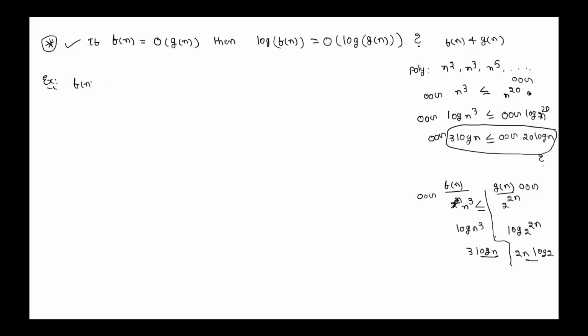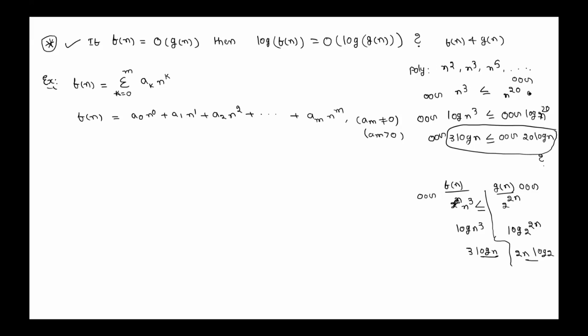Now let us take any polynomial. Let us say f(n) is the sum over k equals 0 to m of a_k into n power k. That means f(n) is a0 n power 0 plus a1 n power 1 plus a2 n square and so on up to am n power m, where am is not equal to 0 and it is positive.